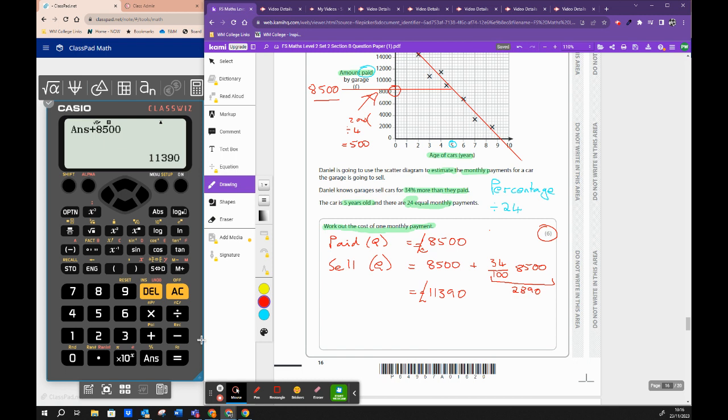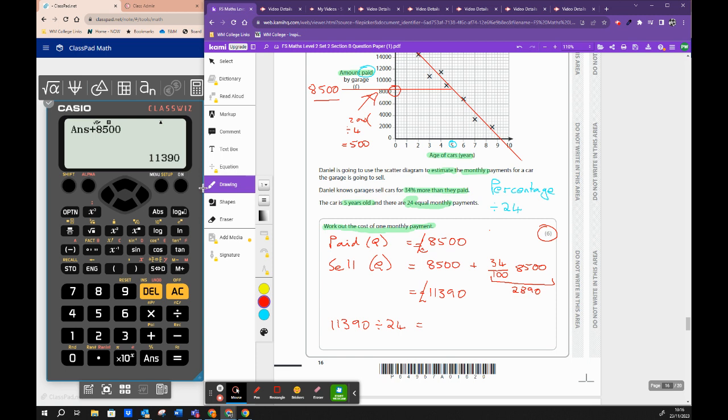And my task was to work out the cost of 1 monthly payment, so it's going to be this divided by 24. And just see on the calculator over here where it says answer plus 8,500. This means that I don't keep writing in things I've already worked out. So the 11390 is already here.